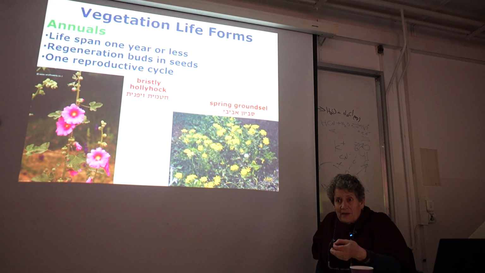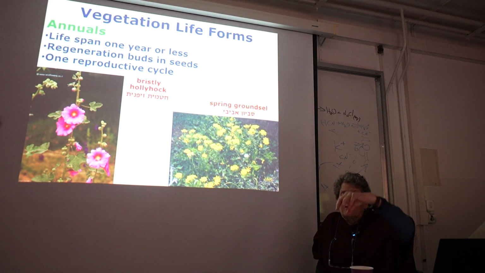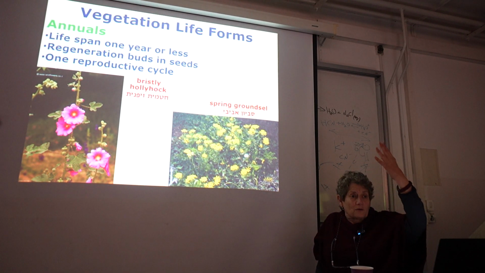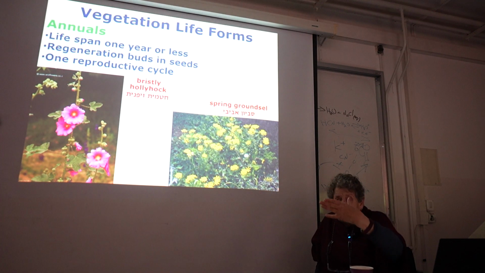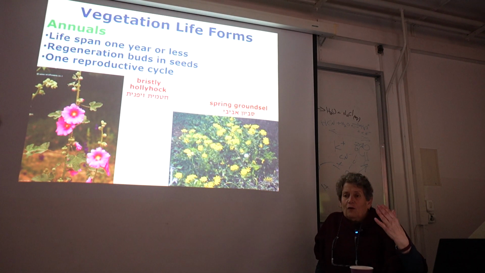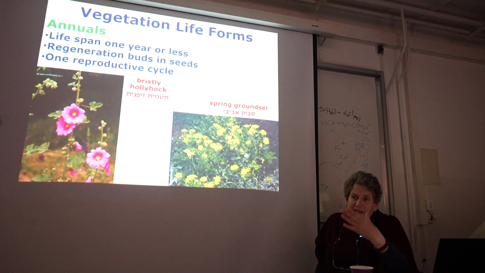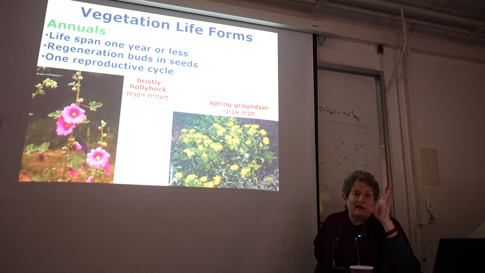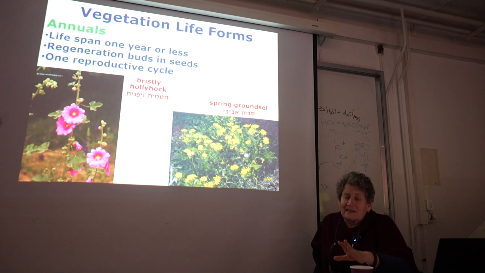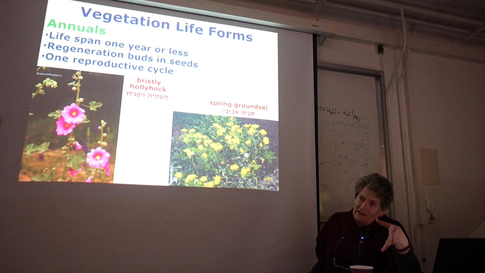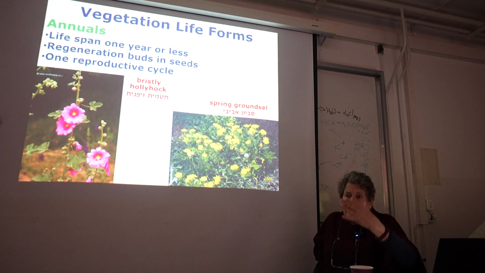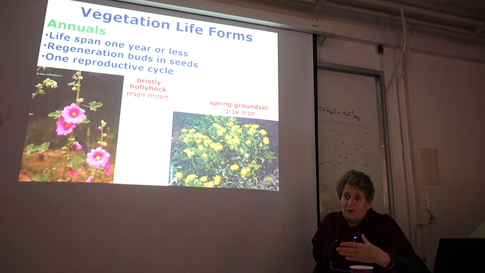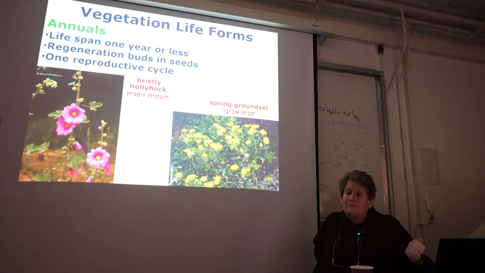The seeds germinate, the plant goes through its life cycle with a flower, with pollination and so on, and produces new seeds. The seeds usually stay in the ground until the next winter. And we will see an example also.